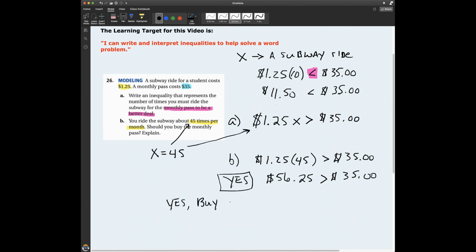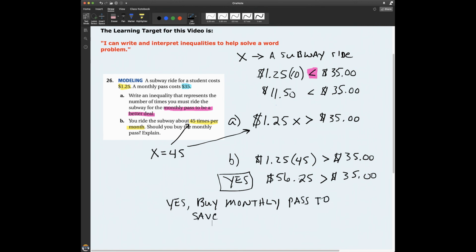Buy the monthly pass. I'll abbreviate this a little. Buy the monthly pass to save. And what are we going to save?